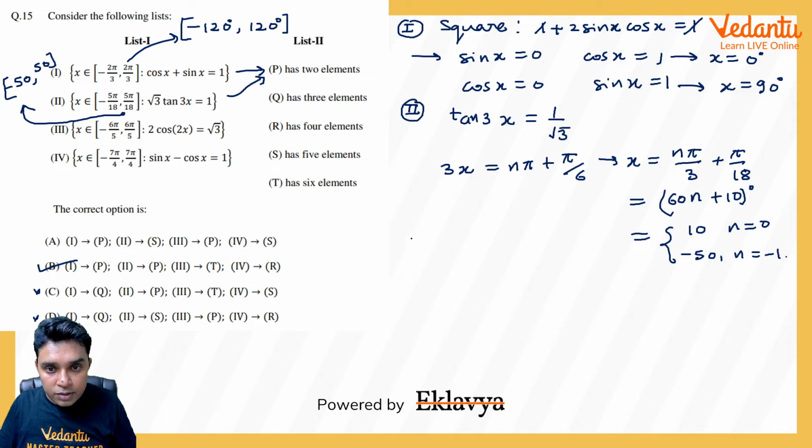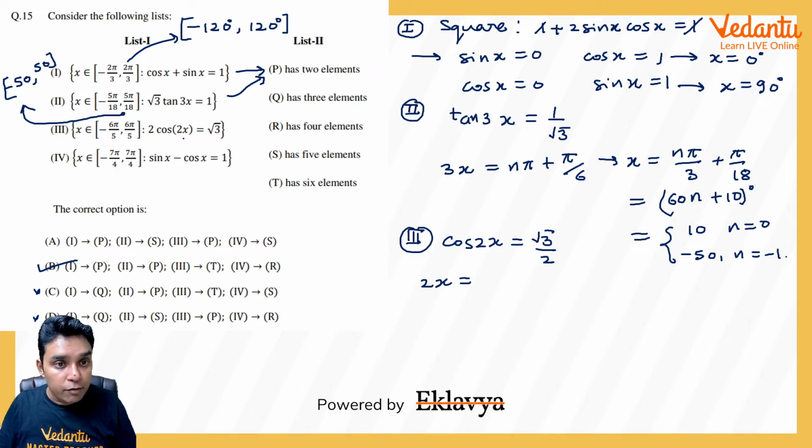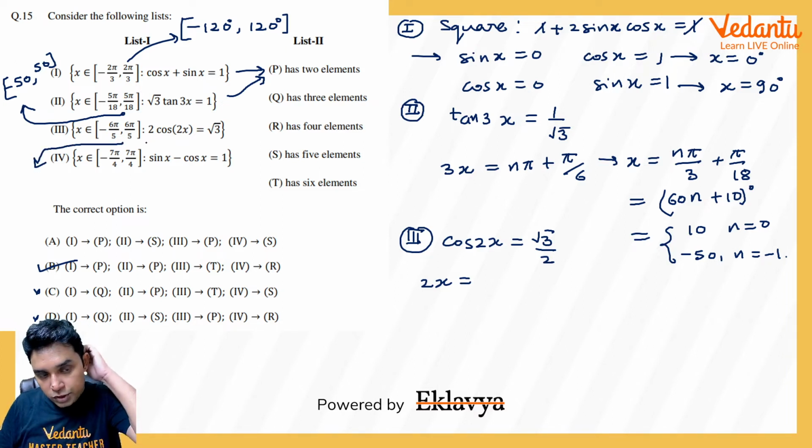But option number 3, that third part, can also be solved. Here we are given cos 2x to be equal to root 3 by 2. In fact, this interval which we are given, if I write once again in degrees, 6 pi by 5 is how much?